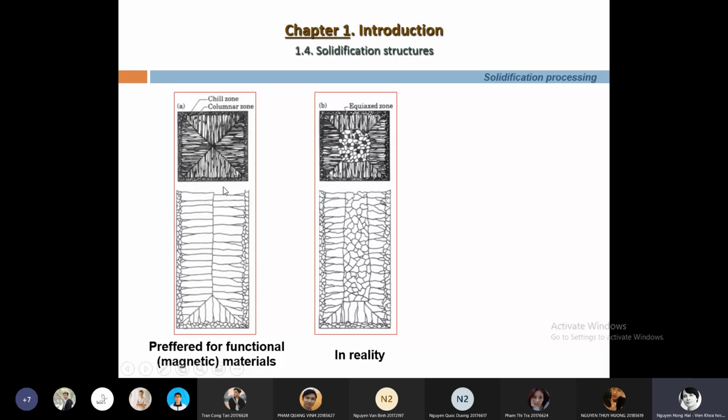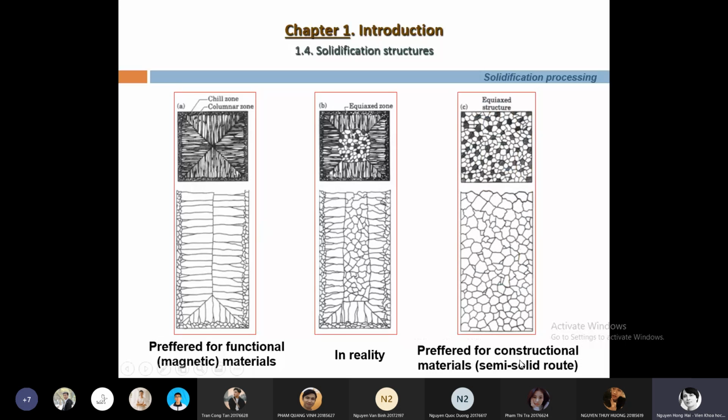We must have this structure. But for construction material, we prefer another structure: only equiaxed grains.